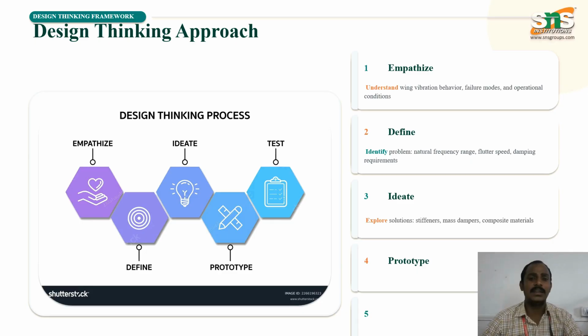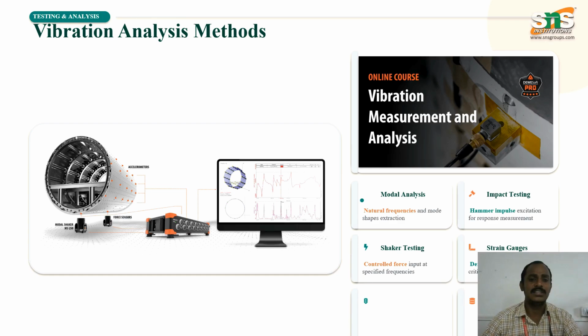Then ideate, giving solutions such as the use of composite material, tuned mass dampers and active control systems. During the prototype stage, engineers develop simulation models and physical testing articles, where the final test will be evaluated using wind tunnels and flight testing. These structured approaches encourage creativity while maintaining engineering rigor in design.